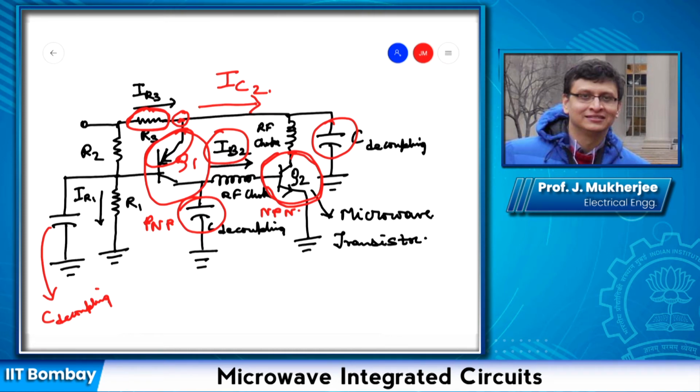So IE1, which is the current flowing into the emitter, also decreases, and because that decreases, IB2 will also decrease, and if IB2 decreases, then that will cause a corresponding decrease in IC2.